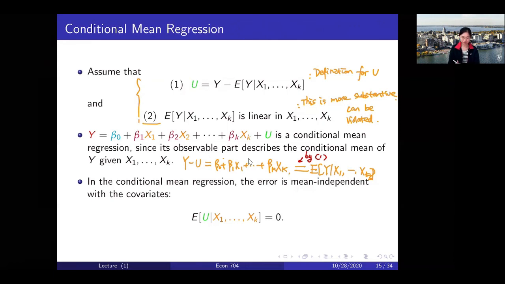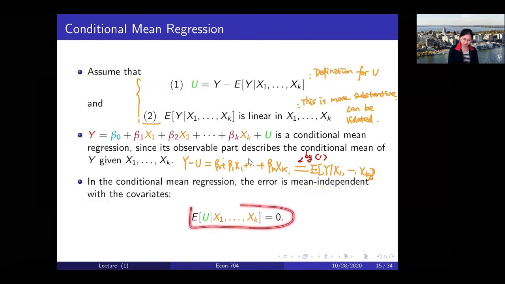Mean independence is defined as the conditional mean of u given the x being a constant. Here we normalize it to 0. So E(u given x1 to xk) is 0, and it doesn't depend on x1 to xk, which is important. Therefore, the error is mean independent of the covariates.